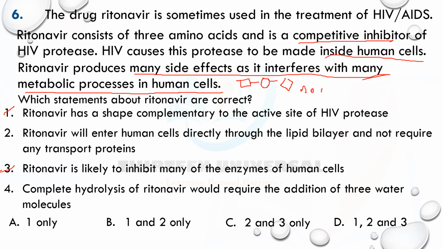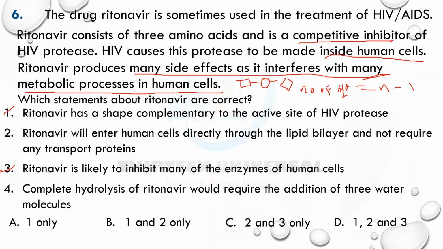So mathematically speaking, the number of water molecules produced during hydrolysis of a chain of amino acids is equal to n minus 1, where n is the number of amino acids.